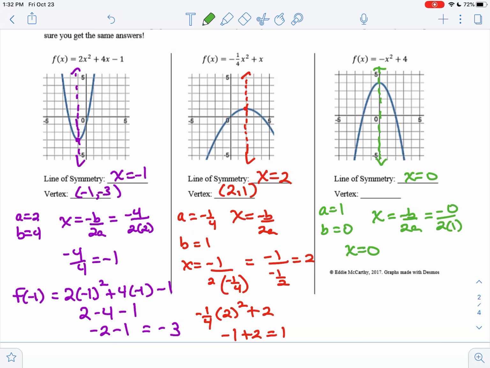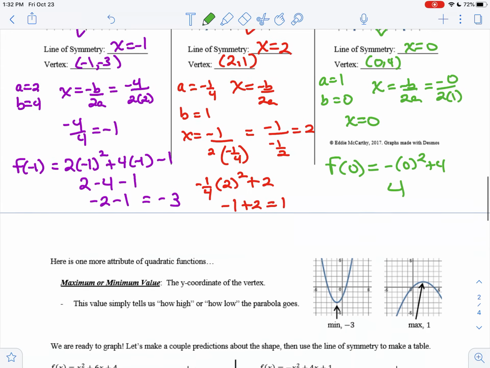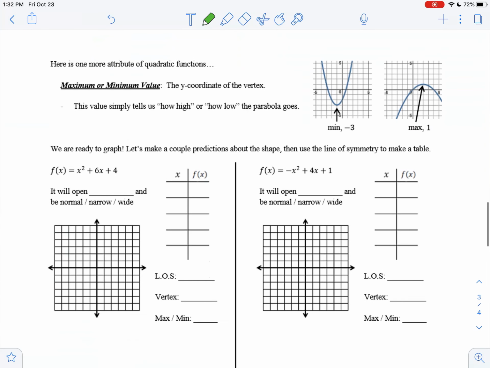So our line of symmetry is x equals 0, which is actually the y-axis. Now if we plug 0 in for x, -0 squared plus 4, we just get 4. So 0, 4 is our vertex.